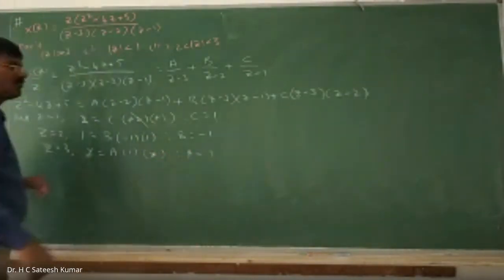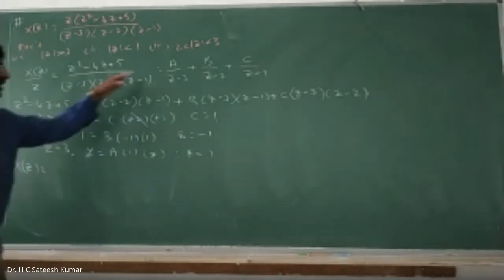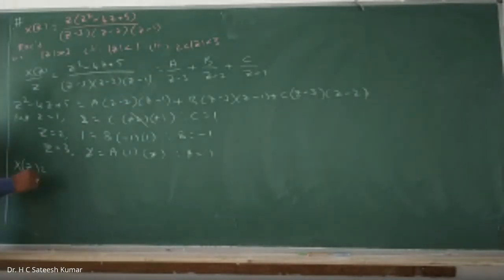So we got all the values a, b, c. So X of z by z, X of z is equal to what? Directly we can write it. Cross multiply this one and write down the values of a. a is 1.